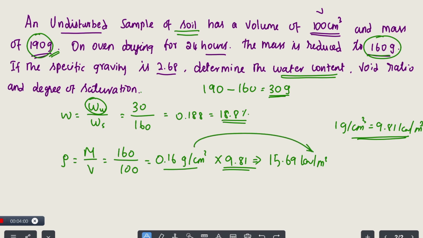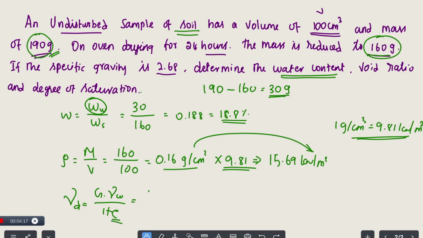Next, we use gamma D equal to G into gamma W divided by 1 plus e. We know the formula, so we can substitute all the values to get the void ratio, that is e.